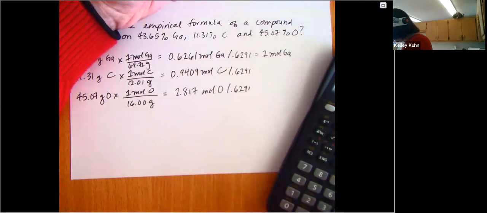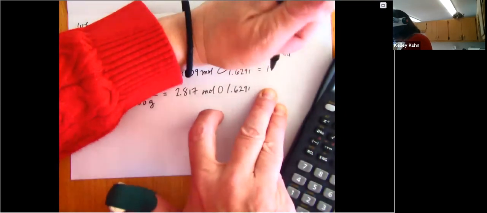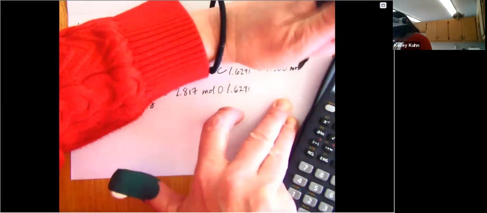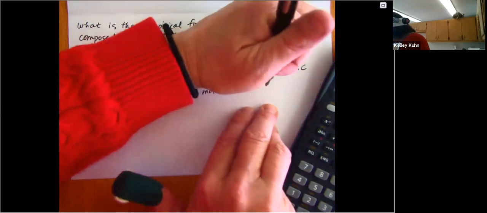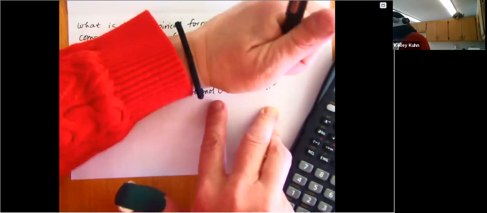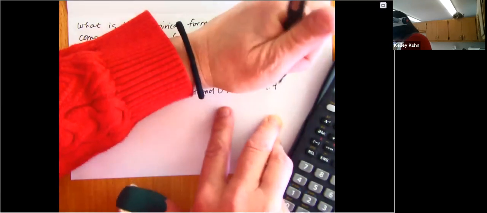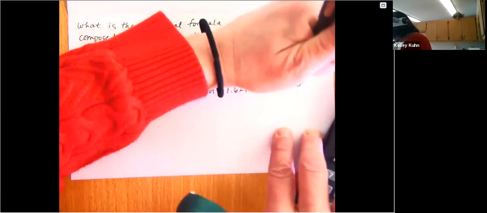So 0.9409 divided by 0.6291 gives me 1.500 moles of carbon. 2.817 divided by 0.6291 gives me 4.478 moles of oxygen.